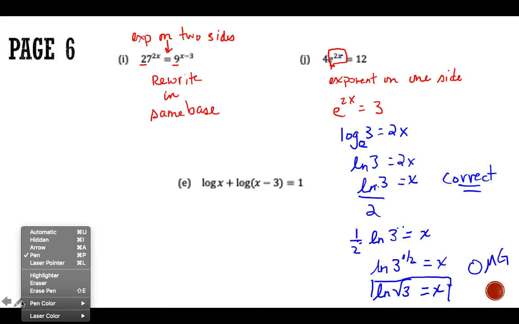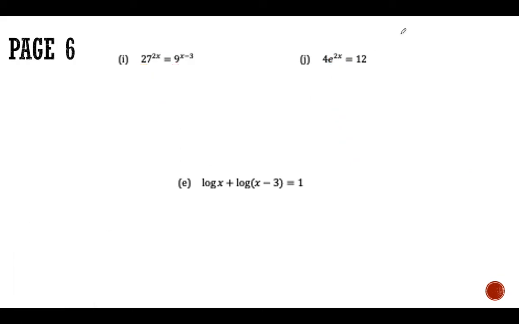All right, now let's go attack this log problem. Notice that this had exponents on both sides. So I just worked with rewriting the same base and then got myself to the ignore property.